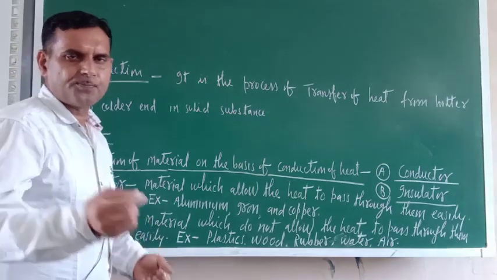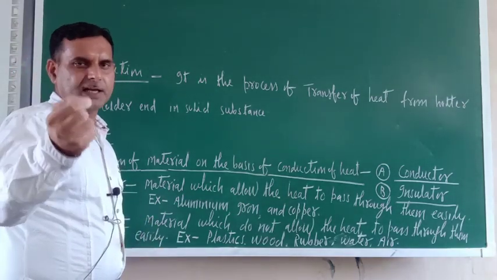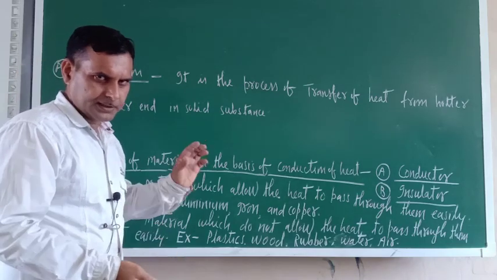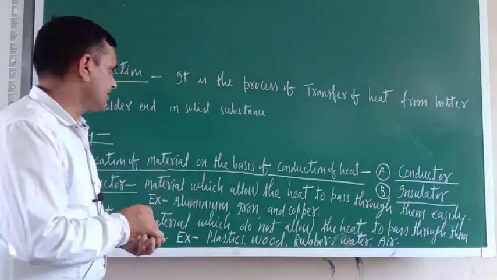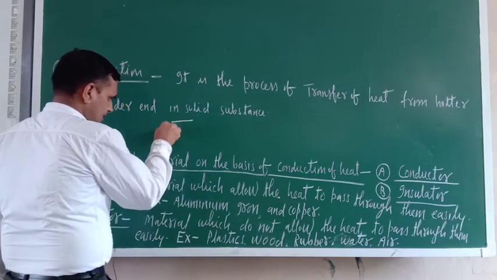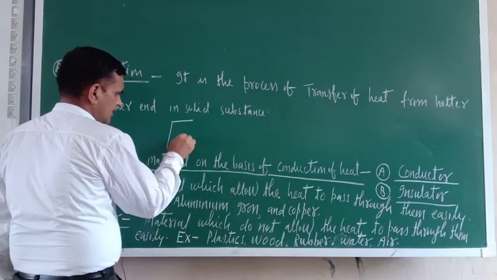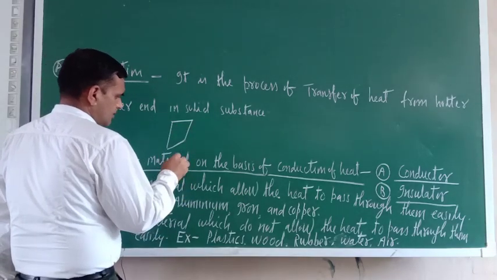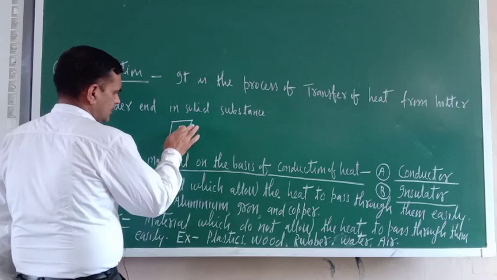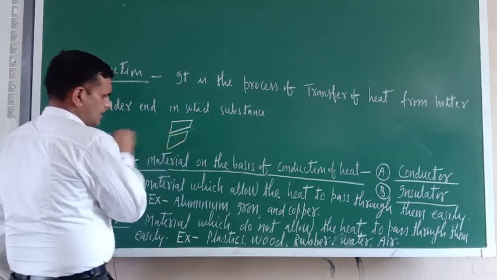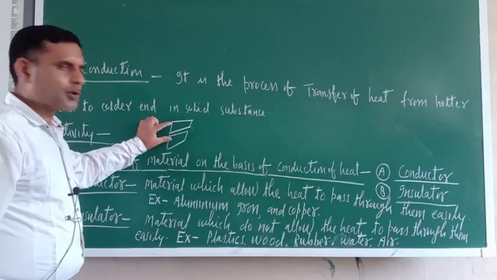Just take one flat strip of metal. The metal may be iron, aluminium or copper. Now, these are the two bricks.